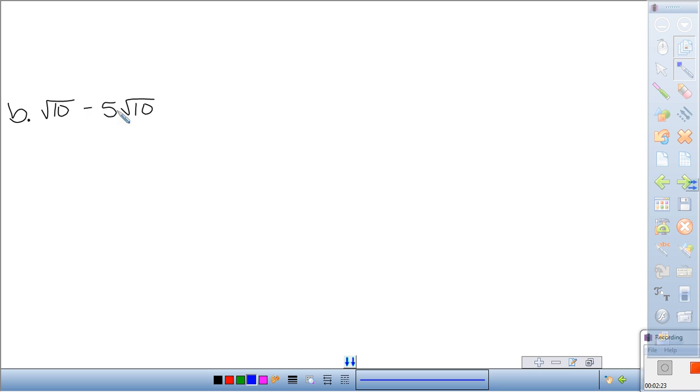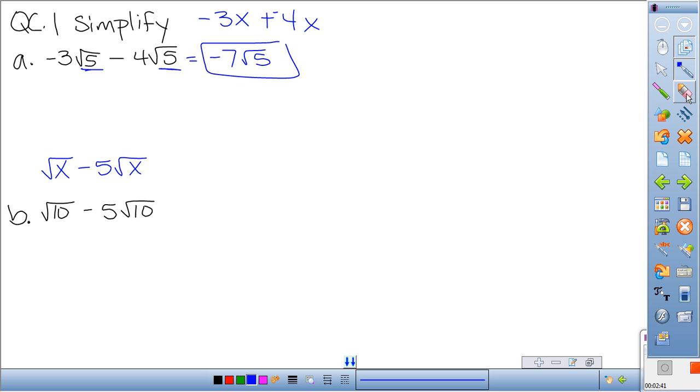Same thing on B. I have the square root of 10 minus 5 square roots of 10. That would be like doing x minus 5x. We want to get rid of the square root.